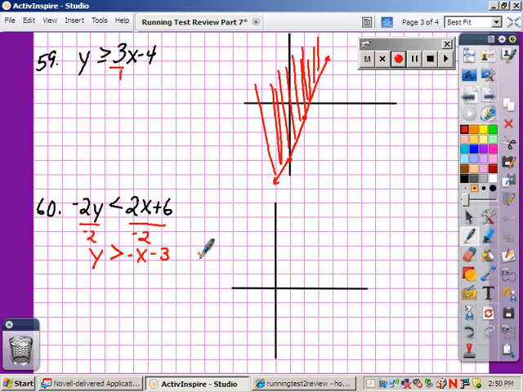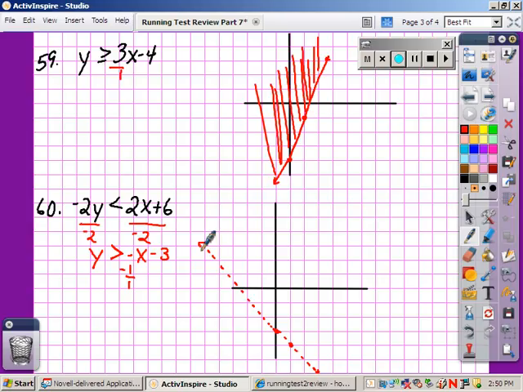So we're going to put that -3 on the y-axis right here. And then this negative in here really means -1 over 1. So I'm going to go down 1 and right 1 here. Our inequality symbol is a regular inequality, not a greater than or equal to. So it needs to be a dashed line instead of a solid line.